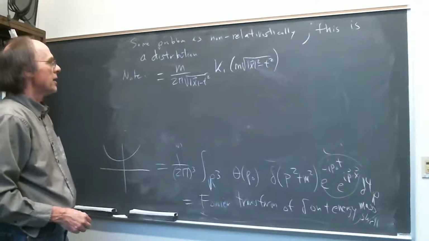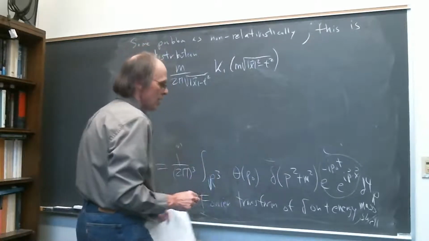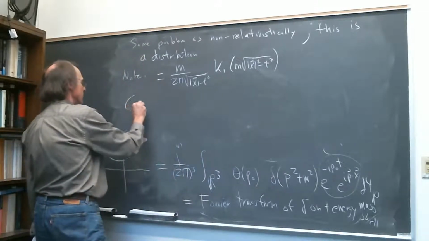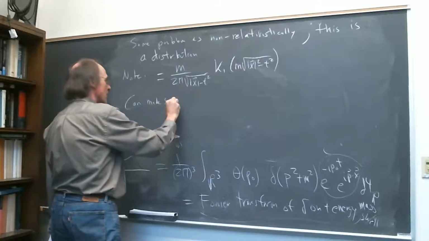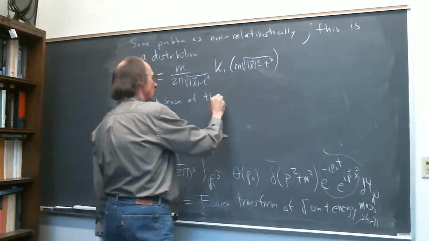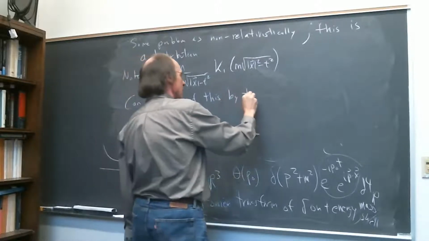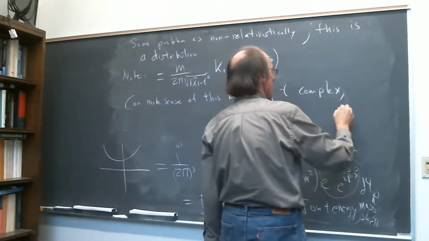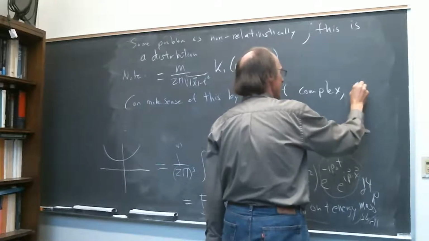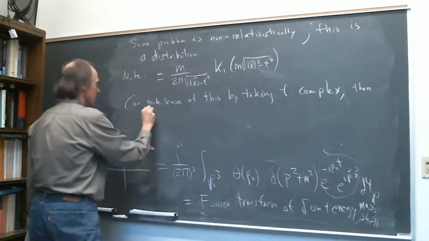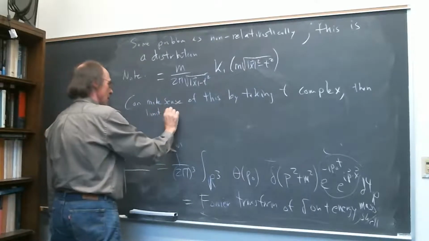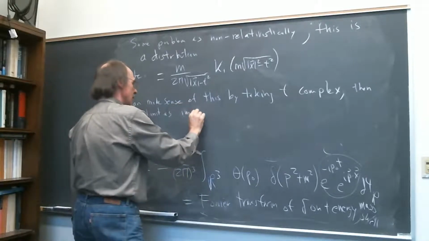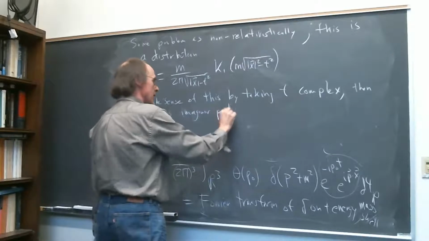But what I wanted to explain is that you can make sense of this by taking t complex, then a limit as t's imaginary part goes to 0.